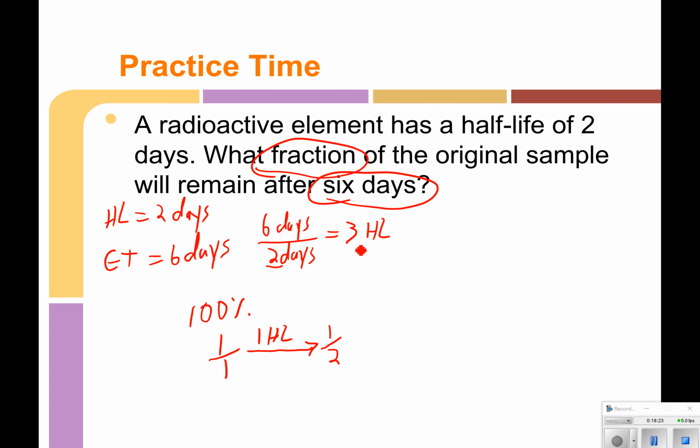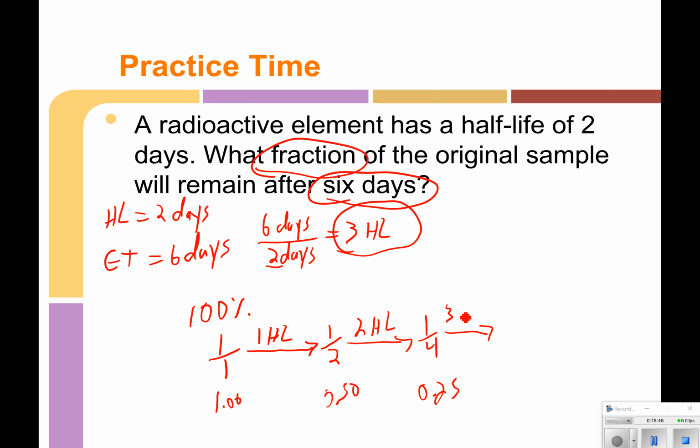And we know that we have to do a total of 3 half-lives. So we're going to cut this in half 2 more times. After our second half-life, 1/2 gets cut in half again to 1/4. And if you want to use decimals, just to keep this straight, I always find it's a little bit easier to work with decimals than it is to work with fractions.